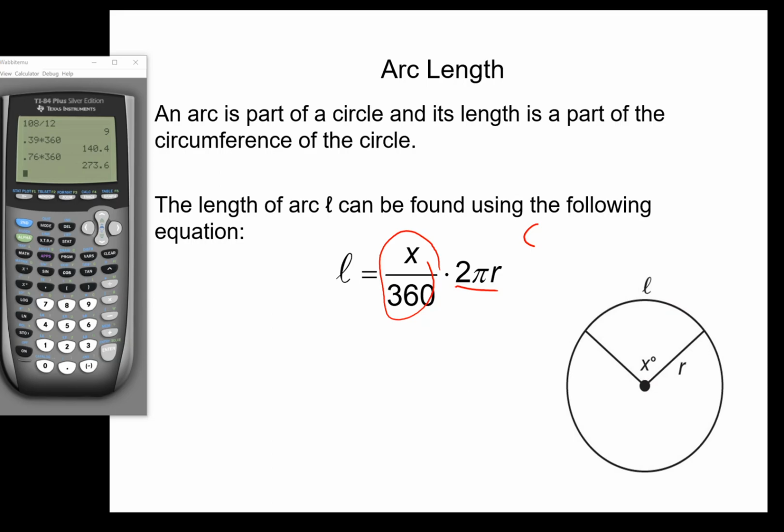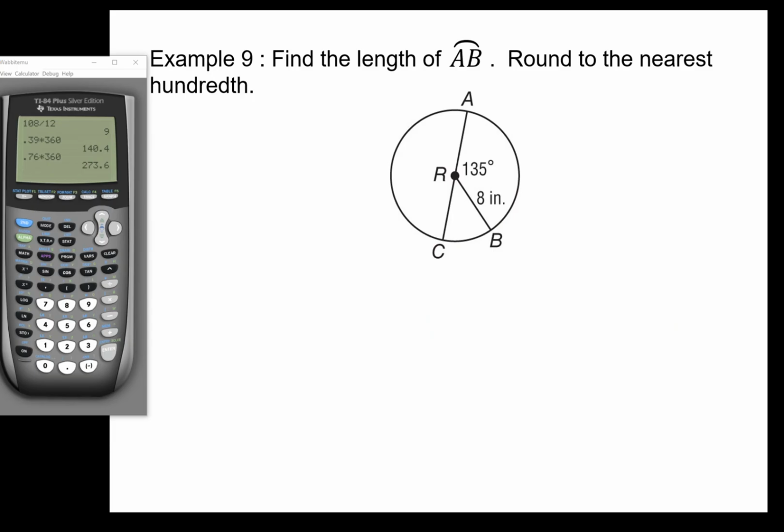Here's what I mean by that. If x was 90 degrees, well, 90 divided by 360 is 0.25. That's forcing us to give 25% times the entire circumference. So it's just x over 360 times 2 pi r, and all we're saying is percent of the circle times circumference of the circle. So let's find the length of arc AB. So AB is this guy here.